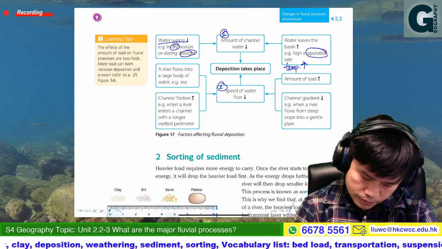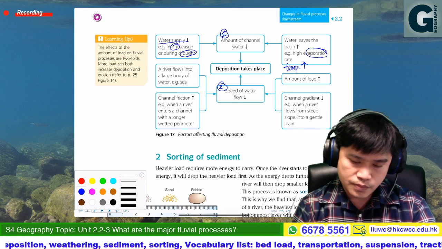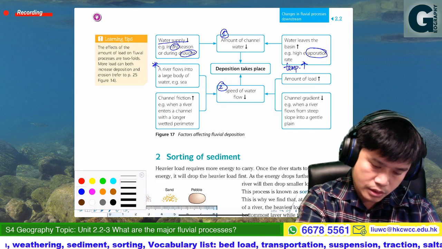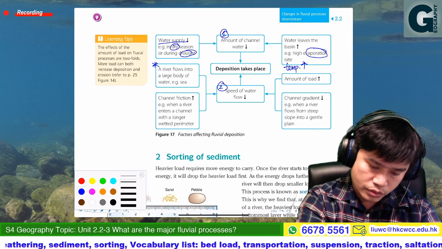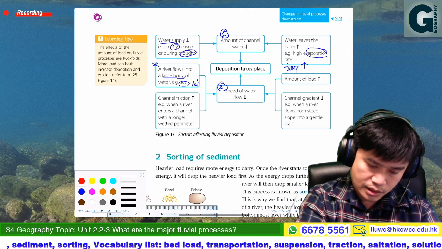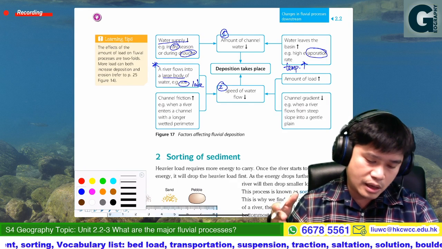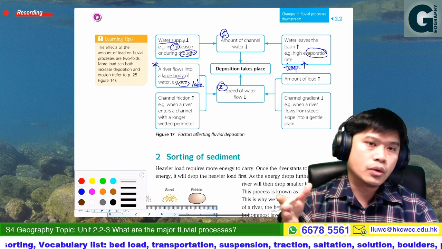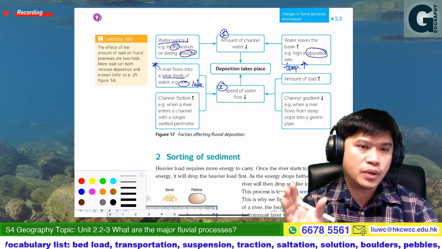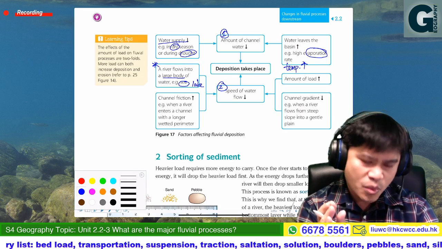Then the second one, when the speed of river flow drops. When the river flows into a large body of water, such as the sea or a lake, the speed of water flow drops rapidly to become very, very slow, almost zero.